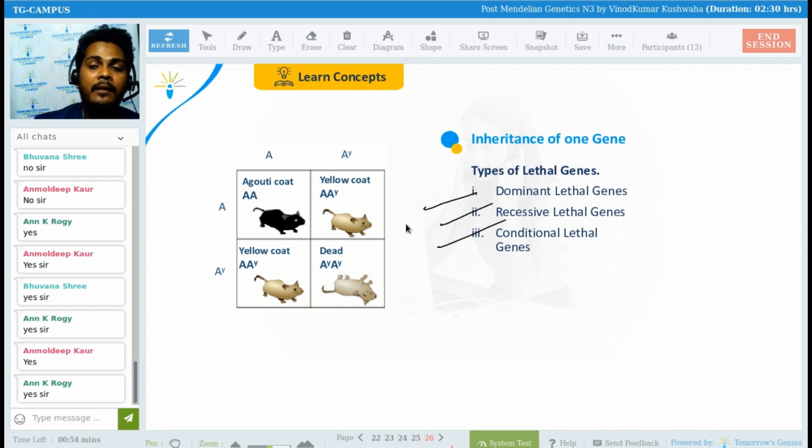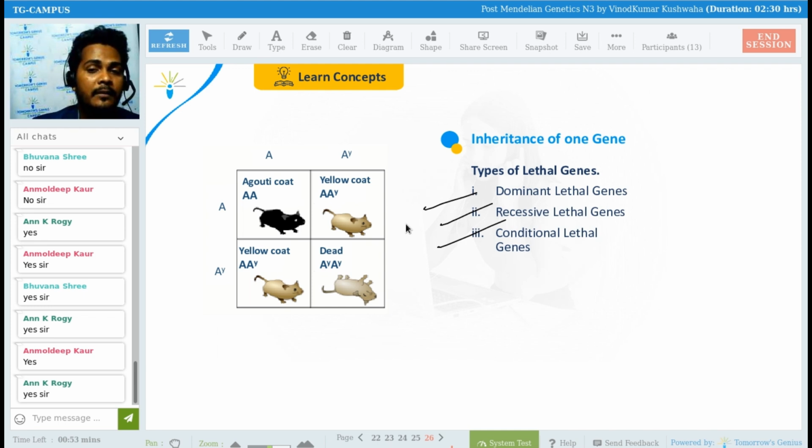Their presence can lead to a drastic change in that particular individual. Clear? So it is a dominant. Dominant genes are lethal in the homozygous condition, and they produce a defective or abnormal phenotypic condition.